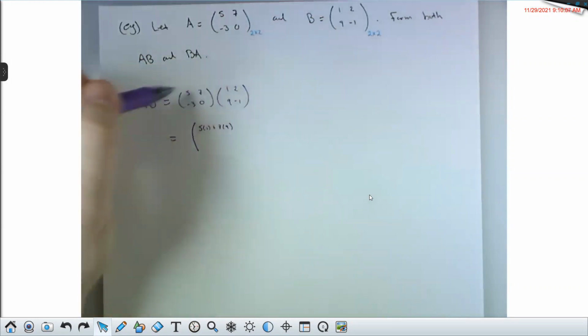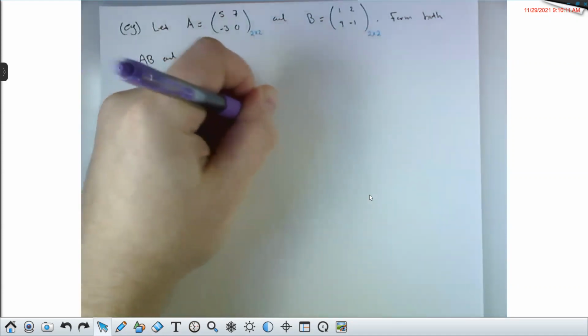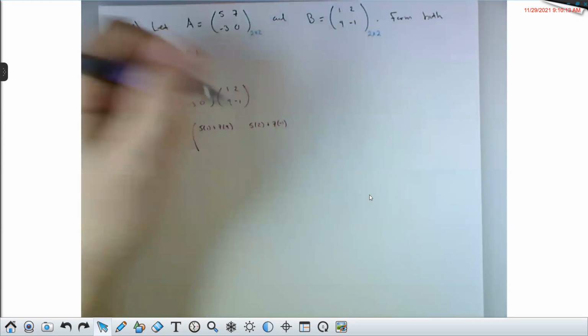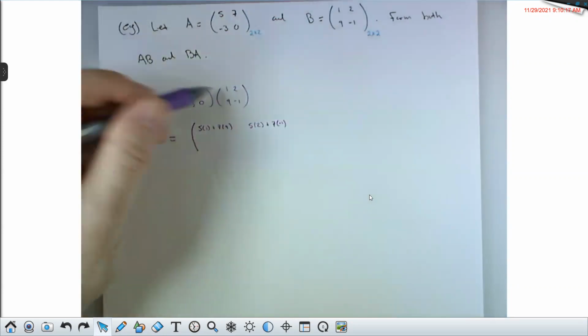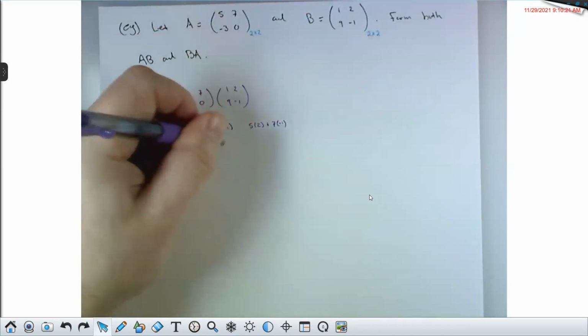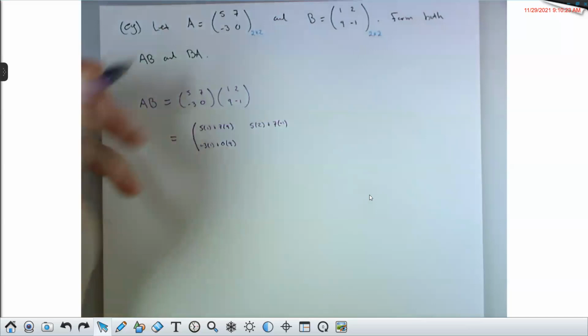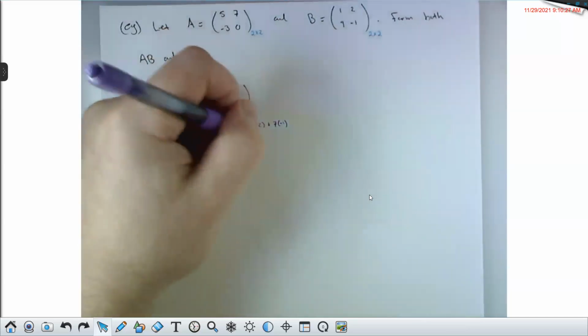Then row 1, column 2, 5 times 2 plus 7 times -1. The 2, 1 position is -3 times 1 plus 0 times 9. And the 2, 2 position is -3 times 2 plus 0 times -1.